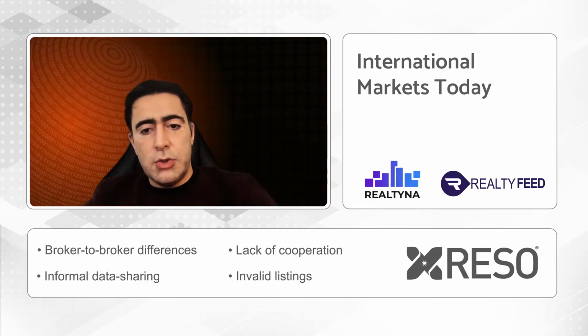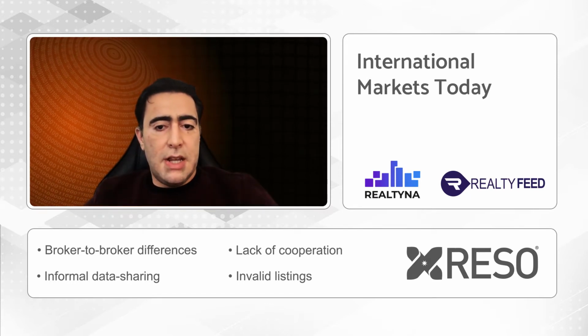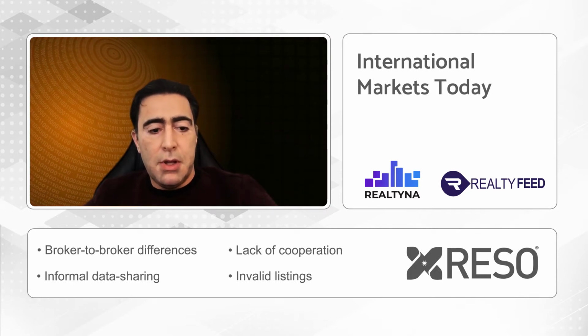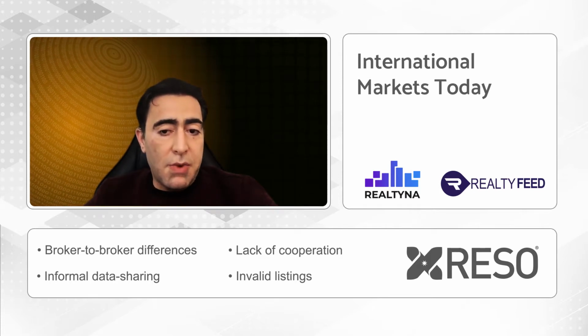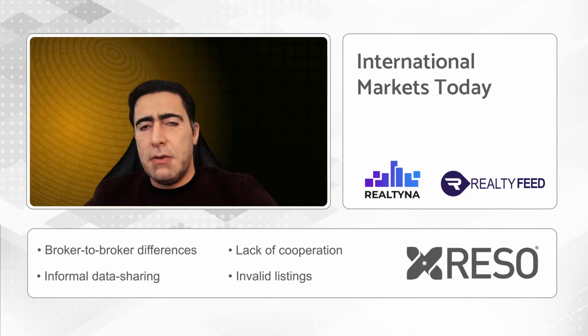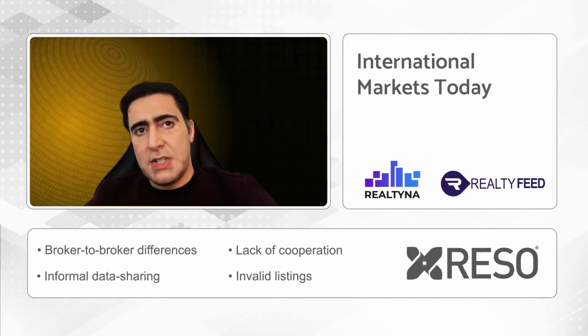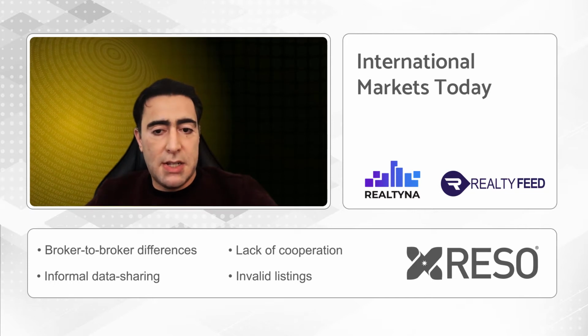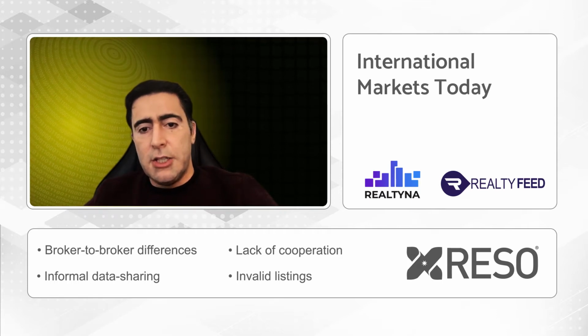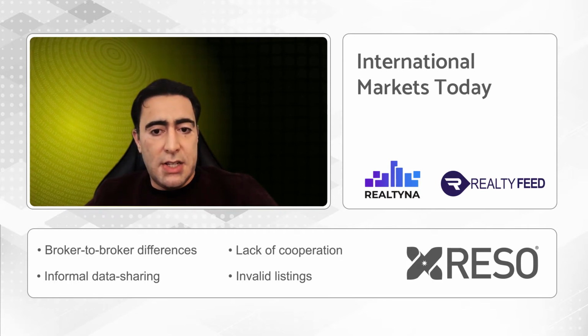The other issue is basically invalid listings, which is the most important problem created by business-oriented web portals. What that means is that you can find a lot of fake listings, double listings, outdated listings, and sold listings presented as active listings just to generate leads.